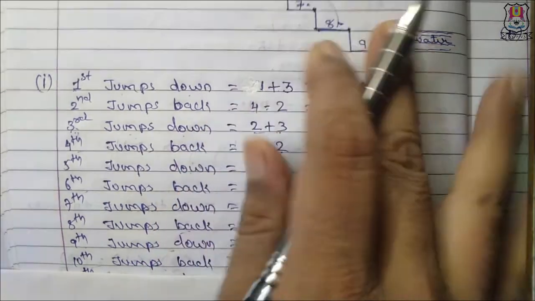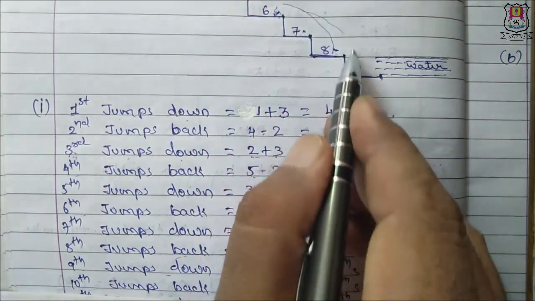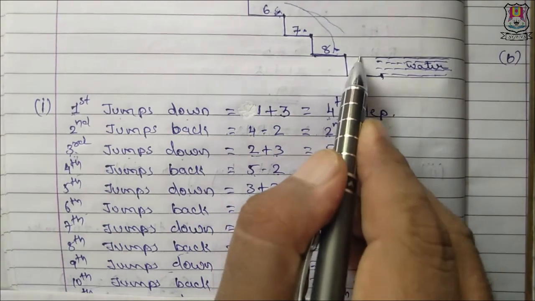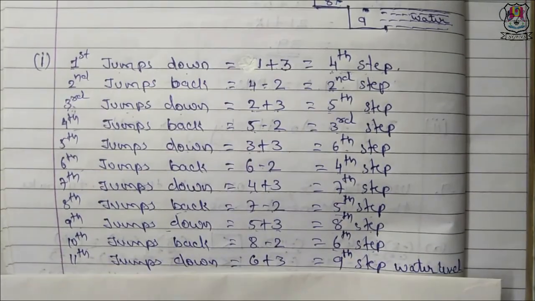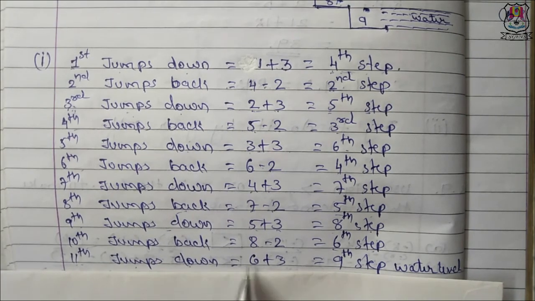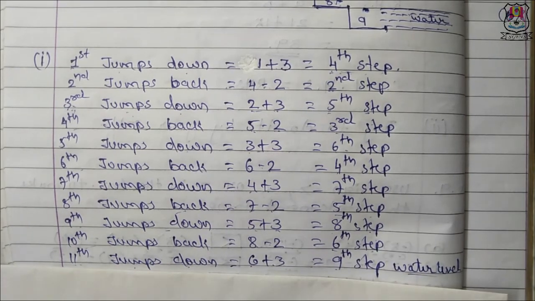And from the 6th step, again if he jumps downwards 3 steps, he reaches the water level, that is the 9th step. So 11th jump, he jumps downwards 6 plus 3, that is 9th step, and that is the water level.